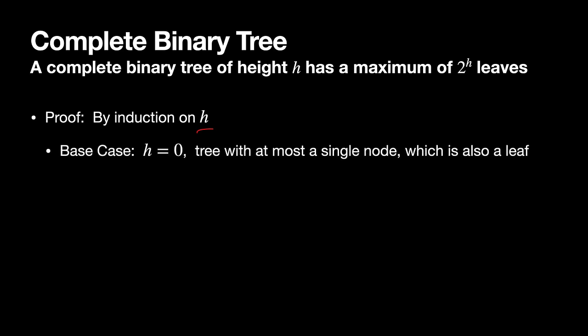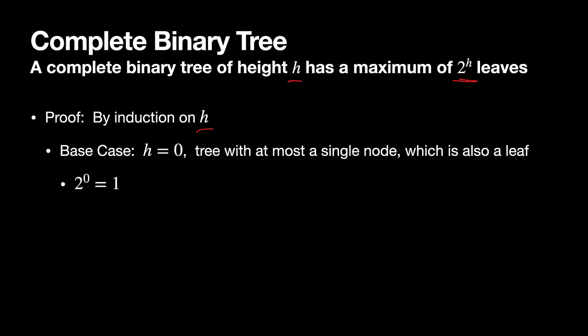We'll start off with the base case. Again, we're trying to prove that a tree of height h has a maximum of 2 to the power h leaves. The base case is when h is 0, and we can just demonstrate it by example. A tree with a single node also has a leaf.